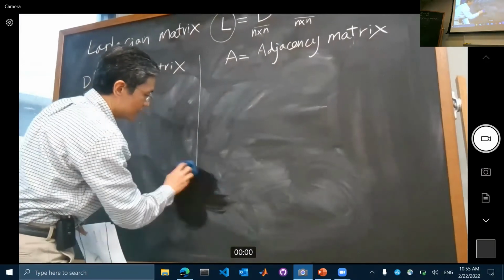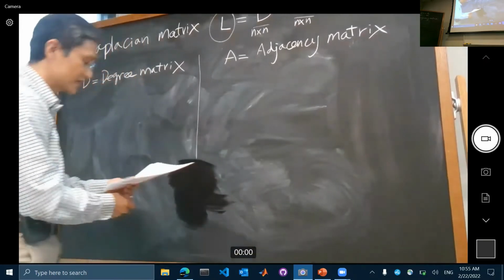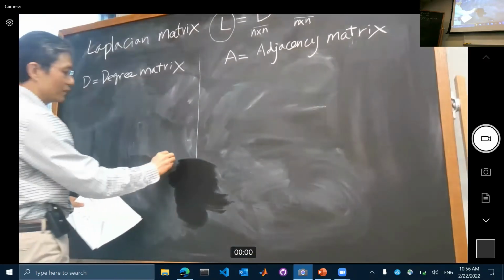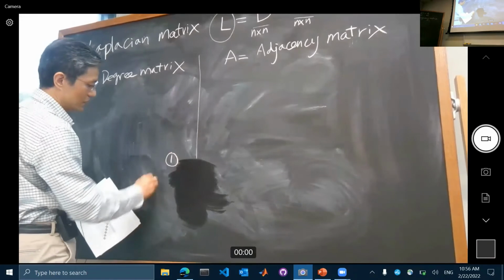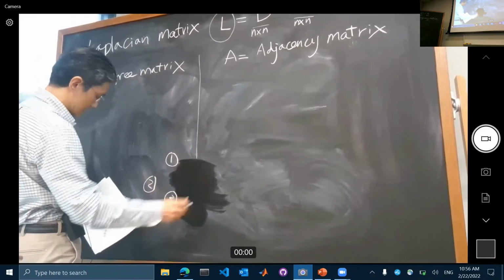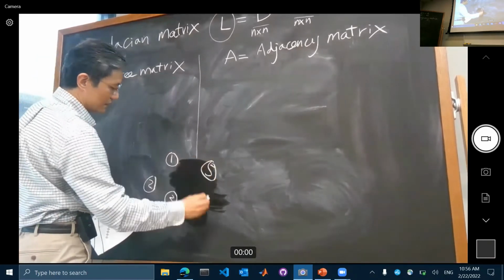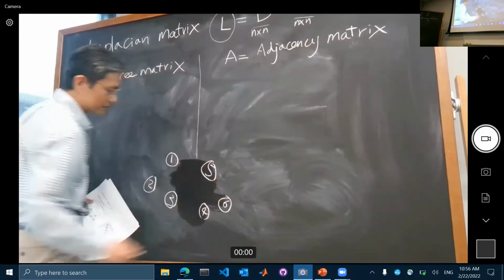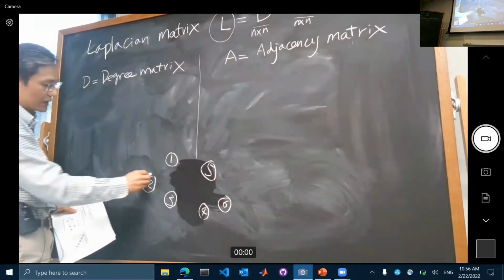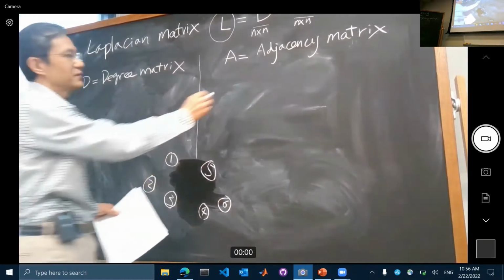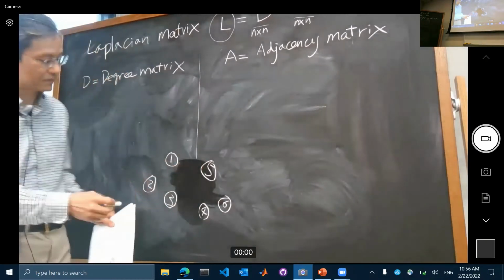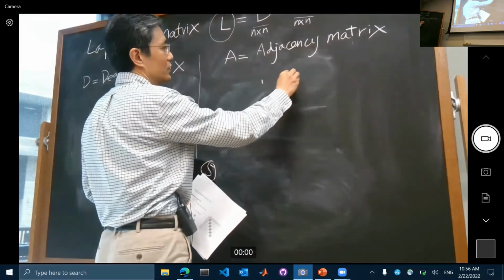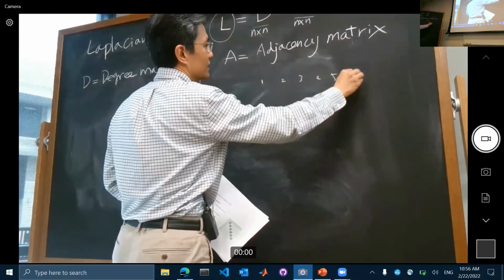So this adjacency matrix is for network stuff. For example, if you have a network like this, with nodes 1, 2, 3, 4, 5, 6, then the adjacency matrix will have 6 members: 1, 2, 3, 4, 5, 6.